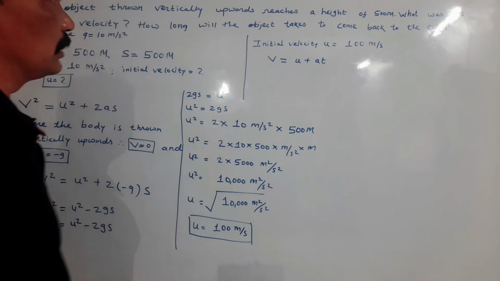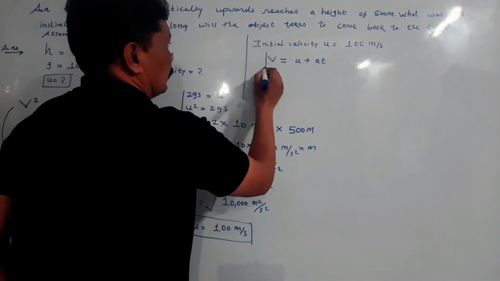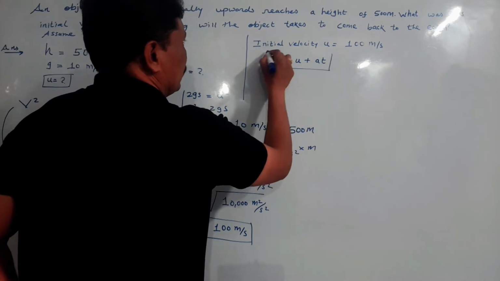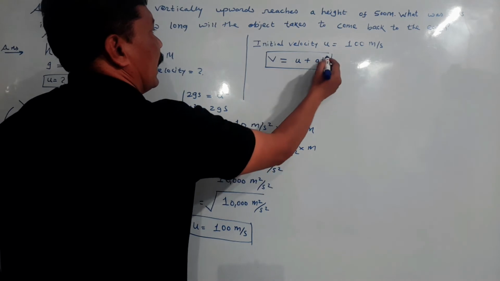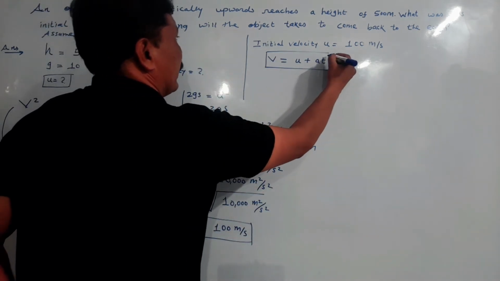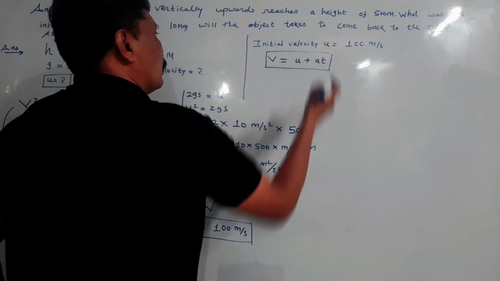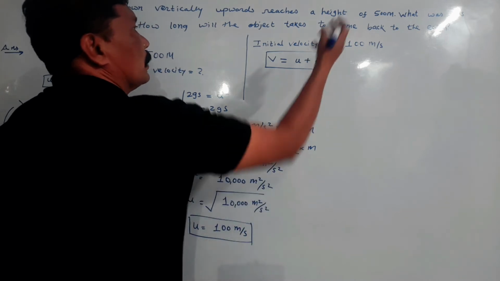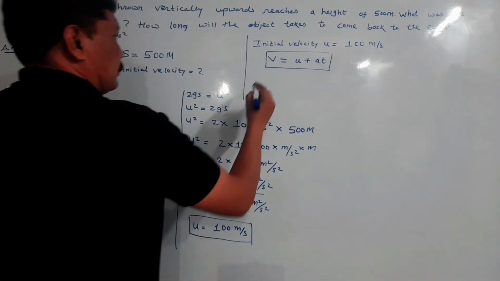From this kinematical equation, we can find out the time taken by the body when thrown vertically upward to attain 500 meter.